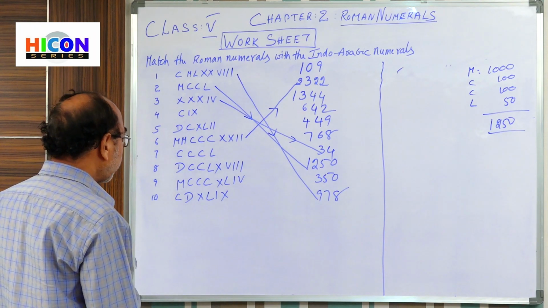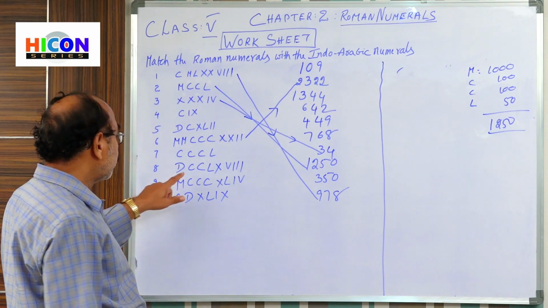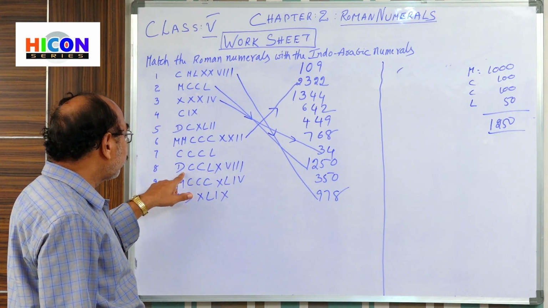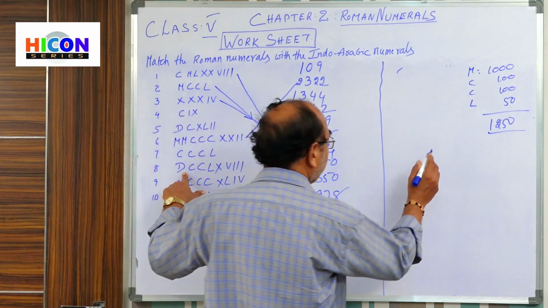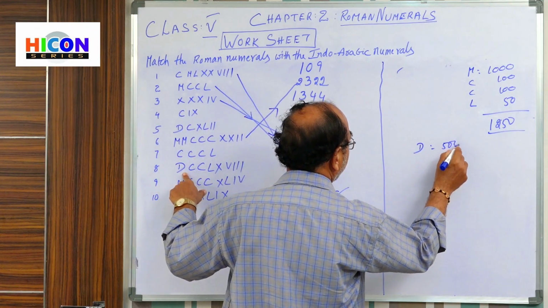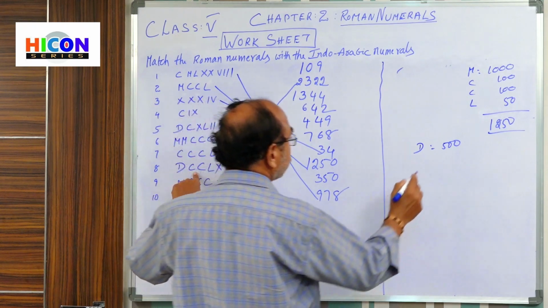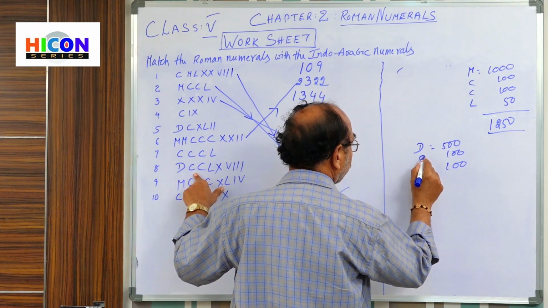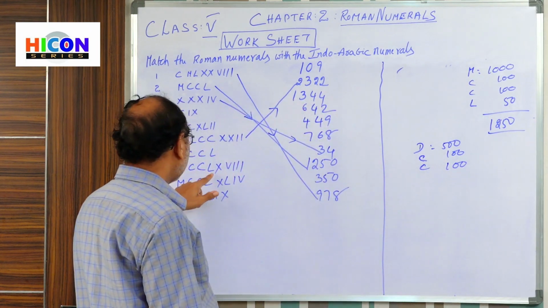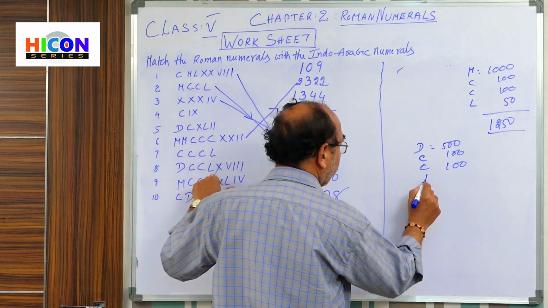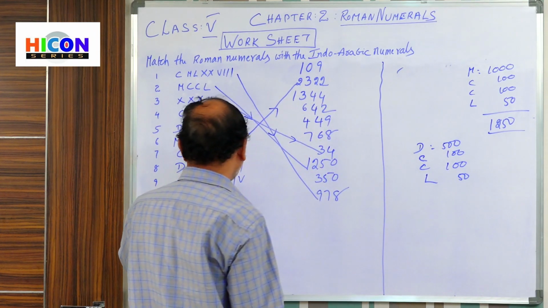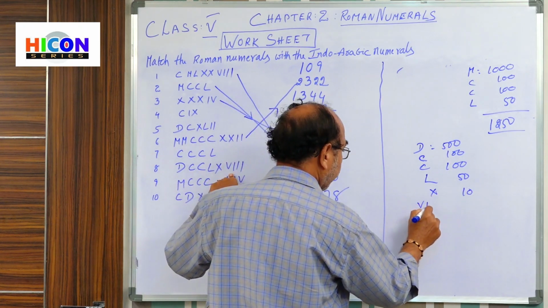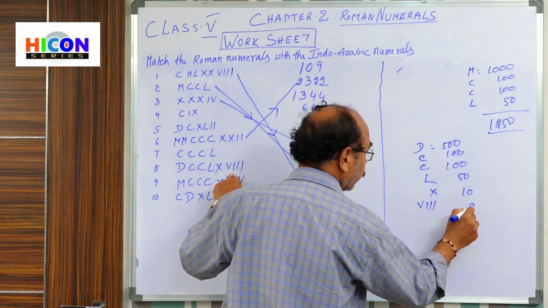Okay, children. Let us study one more. Suppose this one, DCCLXVIII. D for what here? 500. C means 100, 2 times it is there. Next, L is 50, X is 10. Next, VIII is 8.